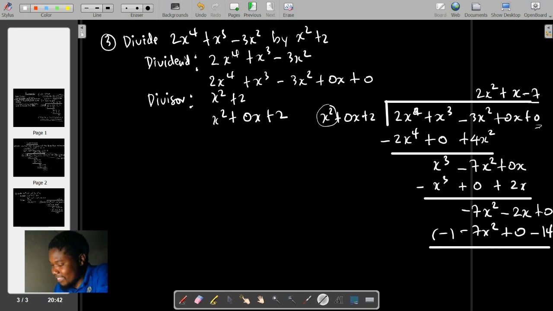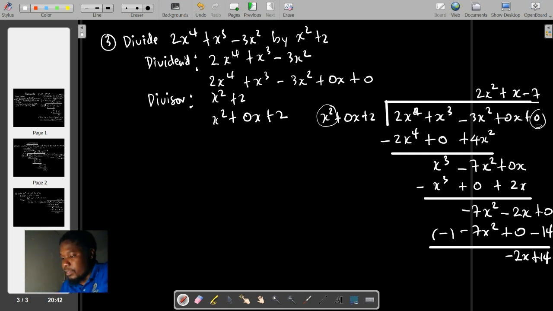This is very interesting, isn't it? Minus 7x squared minus 7x squared is 0. Negative 2x minus 0 is negative 2x. And then 0 minus negative 14 is plus 14. That's the remainder, because we've finished all the terms in the dividend, so we have nowhere else to go.